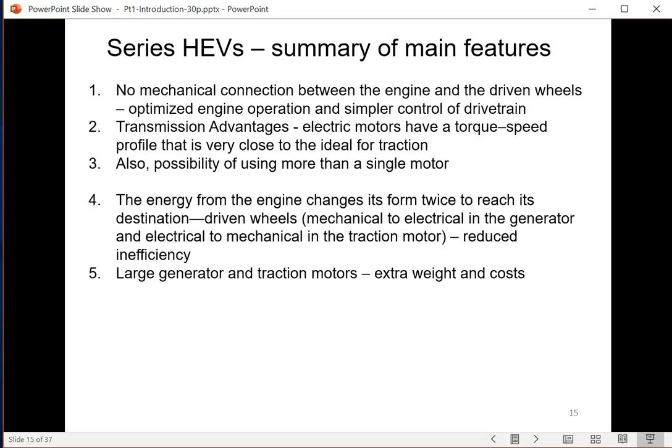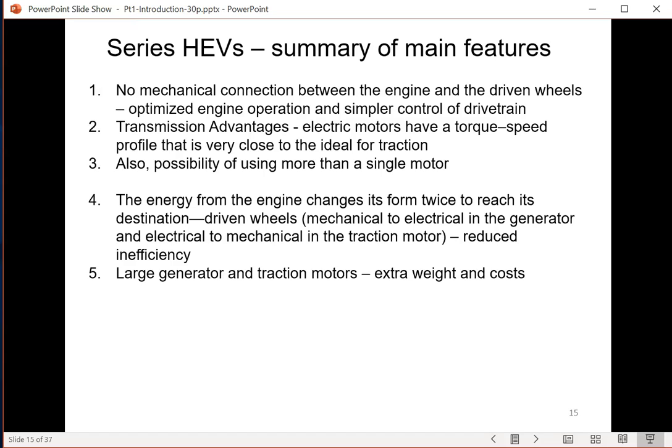Once the vehicle speed is up and running, and you don't need to accelerate anymore, all you need is to overcome the running resistances. In this condition, the demand for the power or the torque is less, because you don't need to accelerate. Whereas internal combustion engines don't have this kind of characteristic. That's why we need clutches and multiple gears to try to get the engine to work close to a good performance, but never ideal.